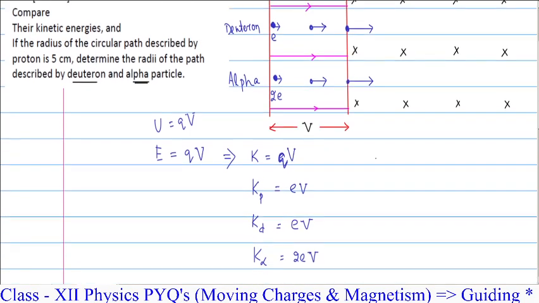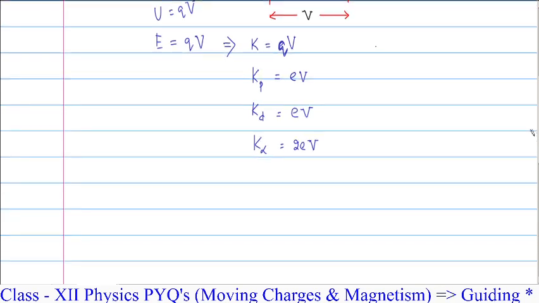So if we take the ratio of these three, the ratio K_p is to K_d is to K_alpha will be equal to eV is to eV is to 2eV.